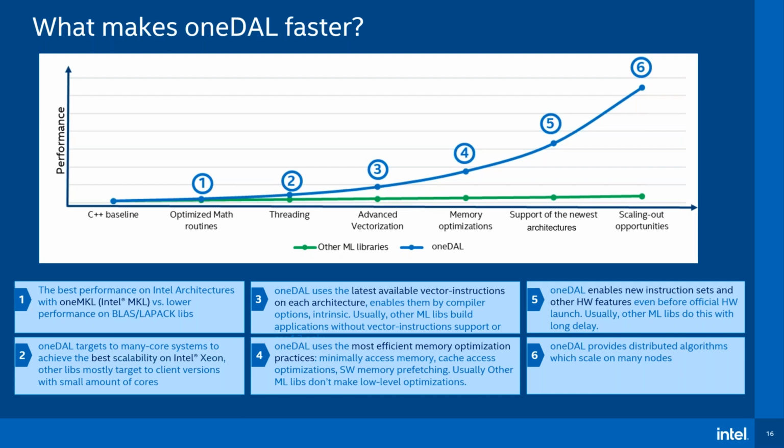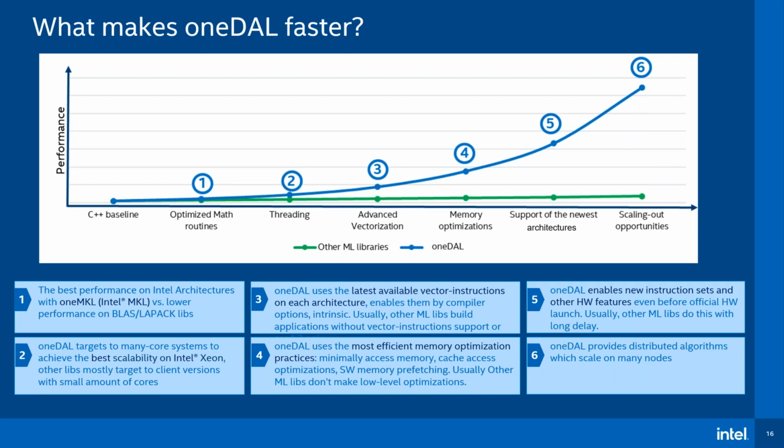Second step is it adds very good threading wherever the algorithm allows, and essentially uses the many-core systems to achieve efficient scalability as you go from generation to generation with increasing numbers of cores.